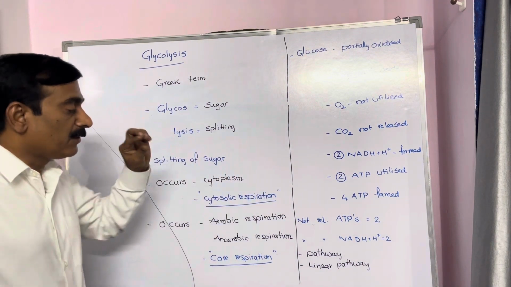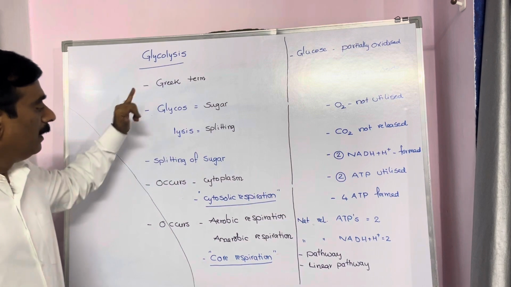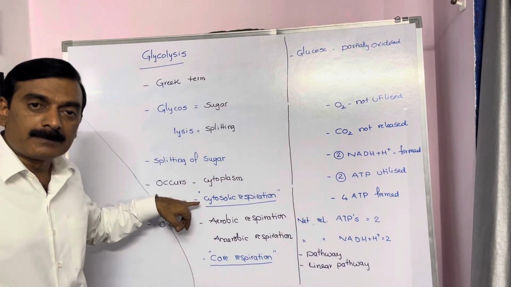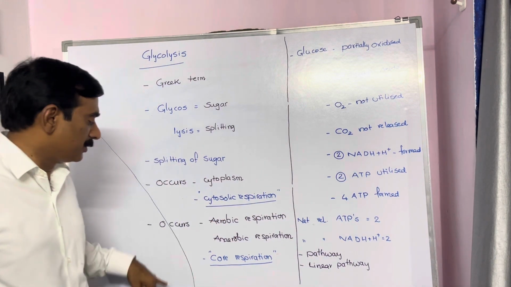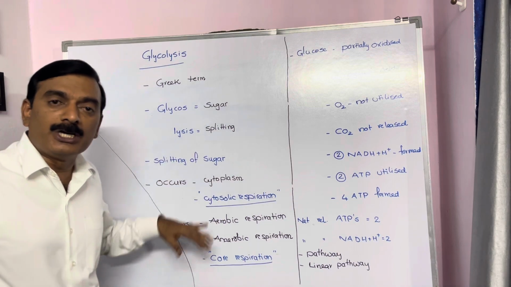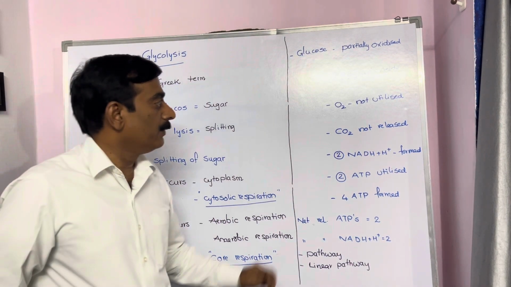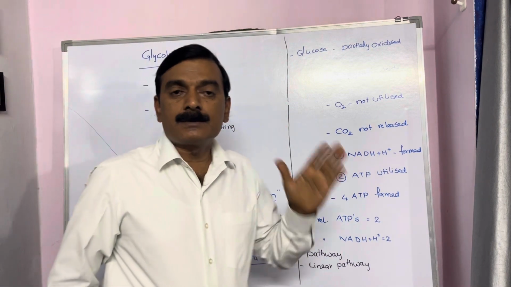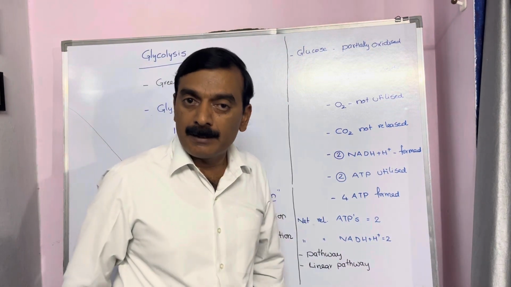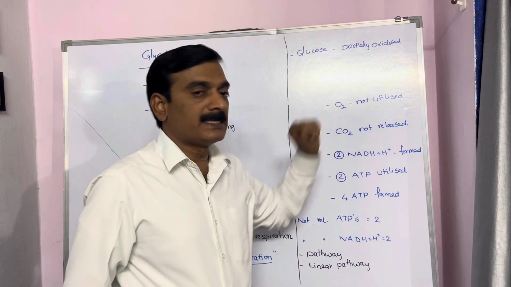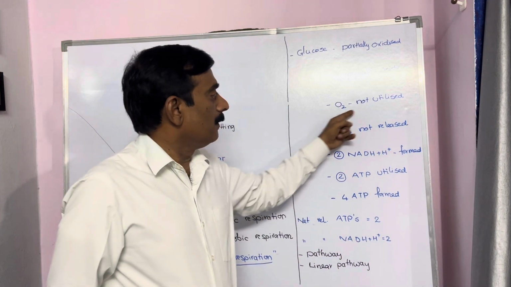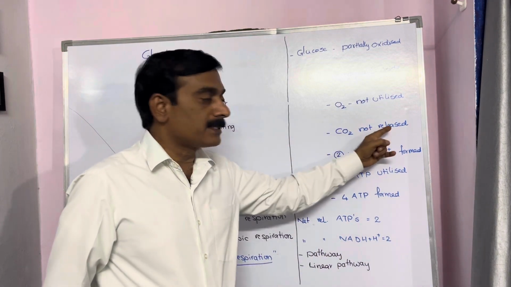So this is a brief introduction. We completed a few things about glycolysis. It occurs in the cytoplasm, hence it is called cytosolic respiration. It occurs in both aerobic and anaerobic respiration, so it is called core respiration. Glucose is partially oxidized into two pyruvic acids; oxygen is not utilized, CO2 is not released.